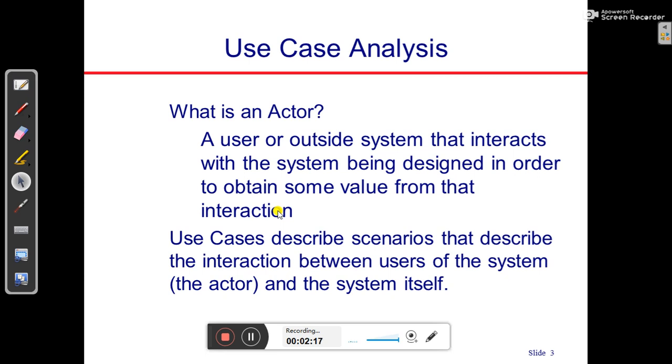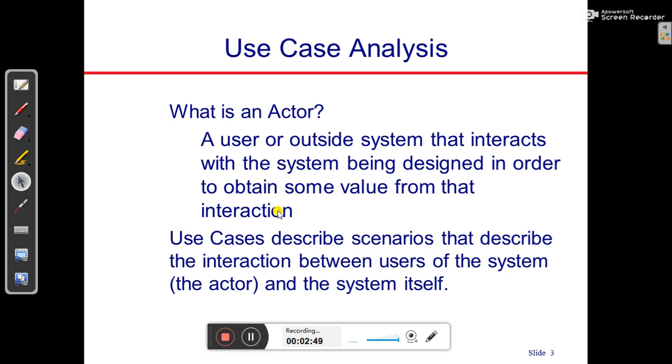It is basically a user or outside system that interacts with the system being designed, and that communication and relationship is designed in order to obtain some value from that interaction, and that value is obtained for the system also, or maybe for the actor also.